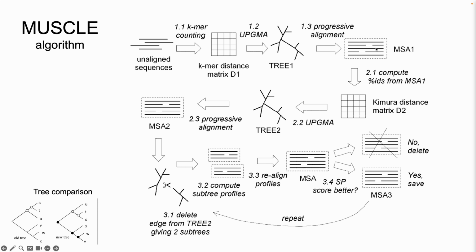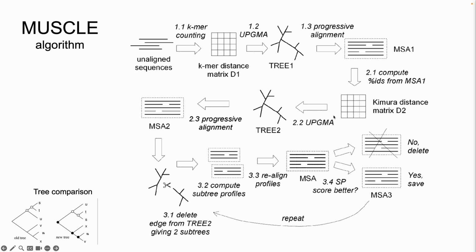We've done our tree and we've done our guided progressive alignment. Then it recomputes the distance matrix based on the multiple alignment and does that thing again. So that's iterative. It's saying, I built an alignment, now rescore my weight matrix and redo the tree.